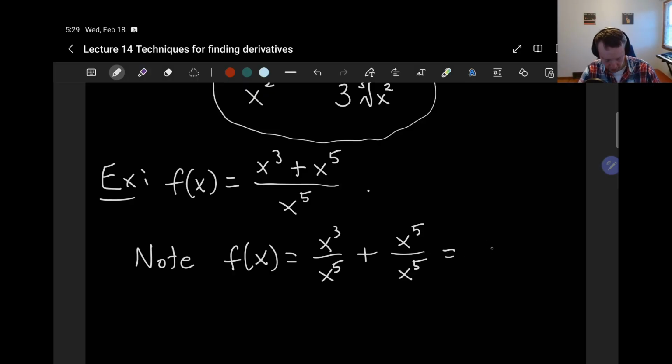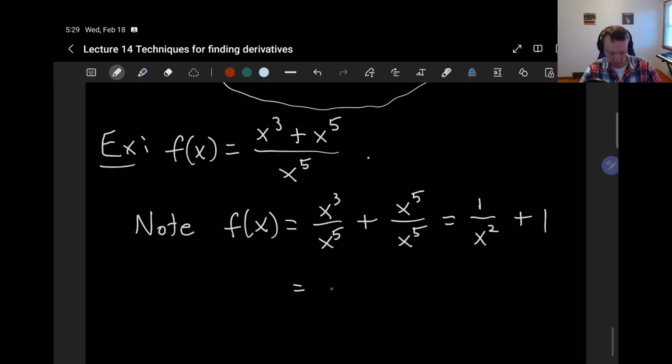If we simplify a little bit, we get 1 over x squared by canceling, plus 1. And the 1 over x squared, to set it up for power rule, it's easier to write it as x to the negative 2.